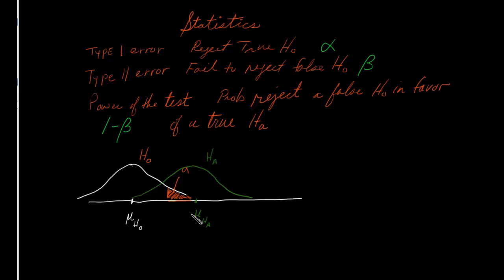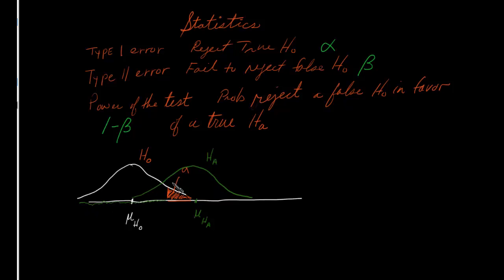The probability of committing a type 2 error is the failure to reject a false null hypothesis. If the null hypothesis is false, and if the green alternate hypothesis is true, the decision that would have me fail to reject H naught would be a value of a test statistic that falls anywhere in this region that I'm underlining now. Anywhere in there, and I'm going to accept H naught.